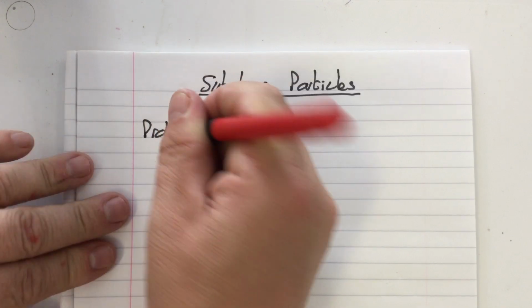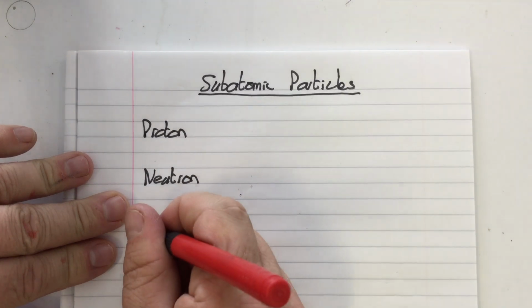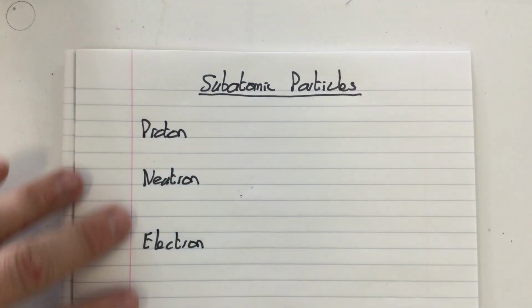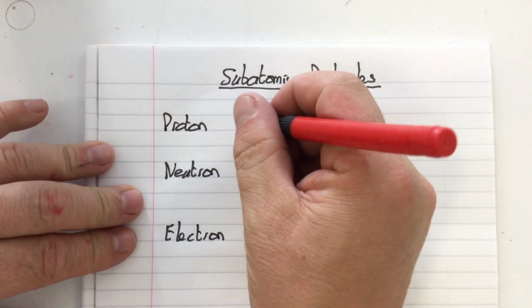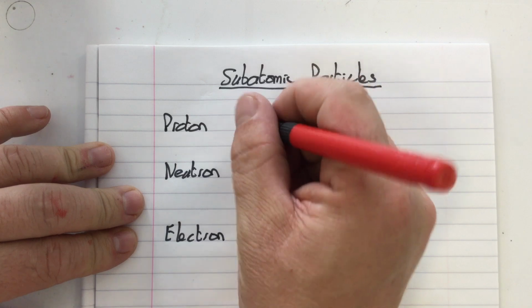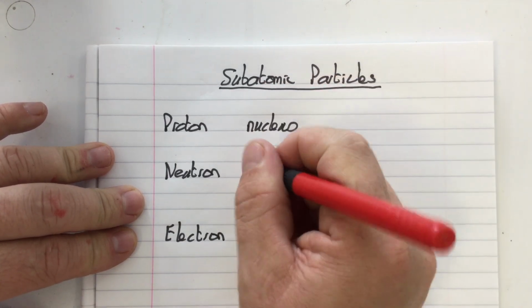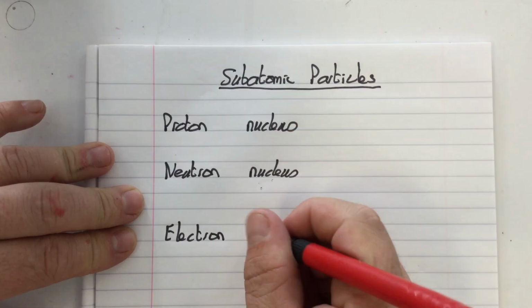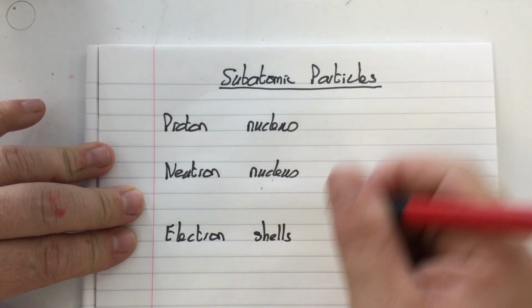So you've got a proton, a neutron, and an electron. Where would you find the protons? Protons are in the nucleus. Where would you find the neutrons? Also in the nucleus. Where would you find the electrons? Orbiting the nucleus, in shells.